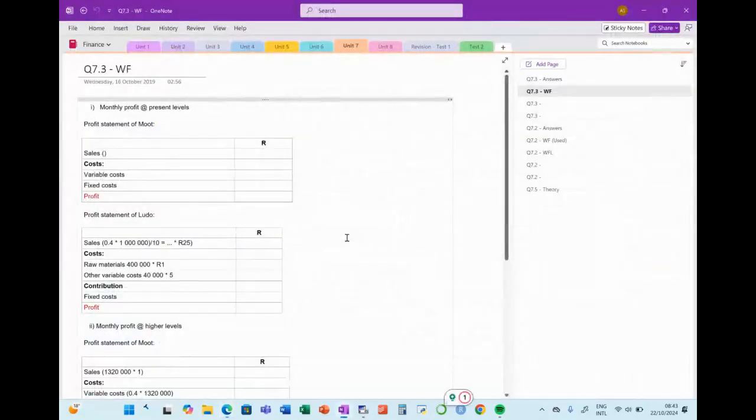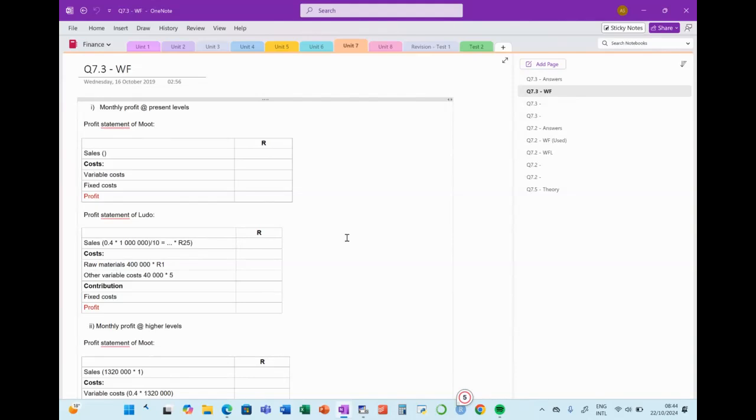So under the required, it says calculate the monthly profit position of Ludo and Moot if the sales of Ludo were maintained at the present level. So again, we're basically saying if we continue with the current transfer pricing policy, what's our monthly profit position for both Ludo and Moot?